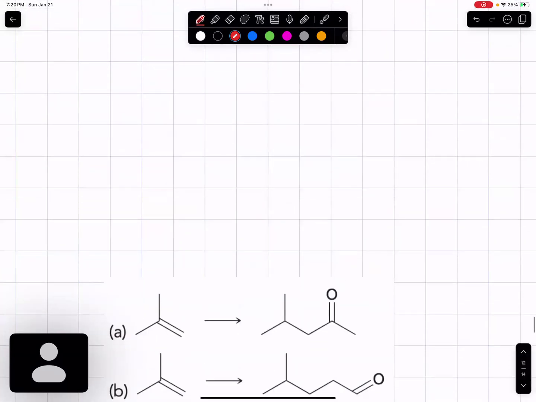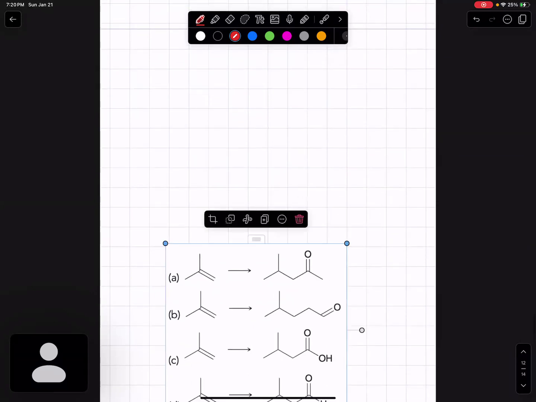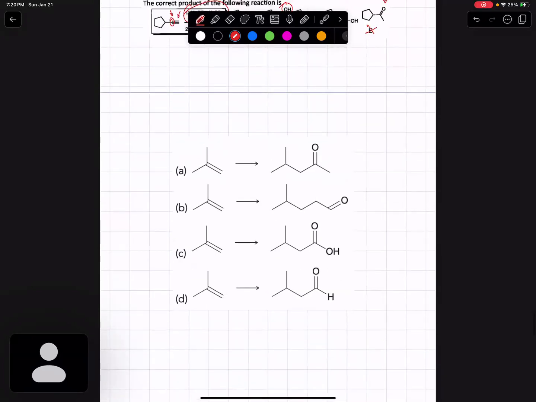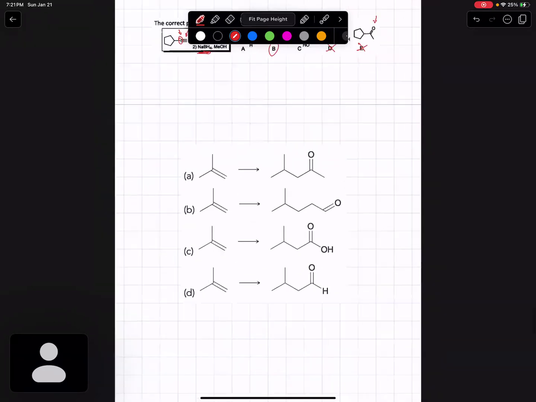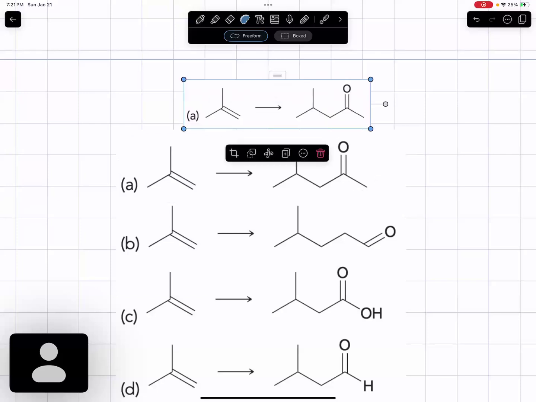Cool. All right. Now we have a whole bunch of synthesis questions, and I should have probably made these here. I know what I can do. I'm gonna cut these into chunks. So we'll do the first one. There you go.